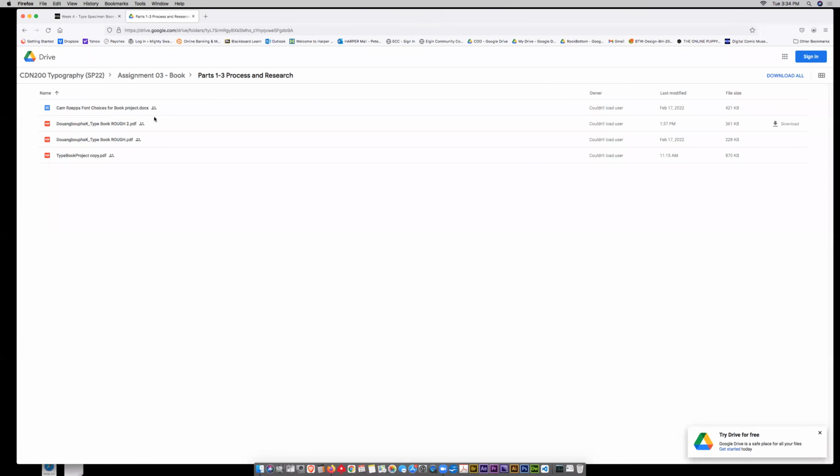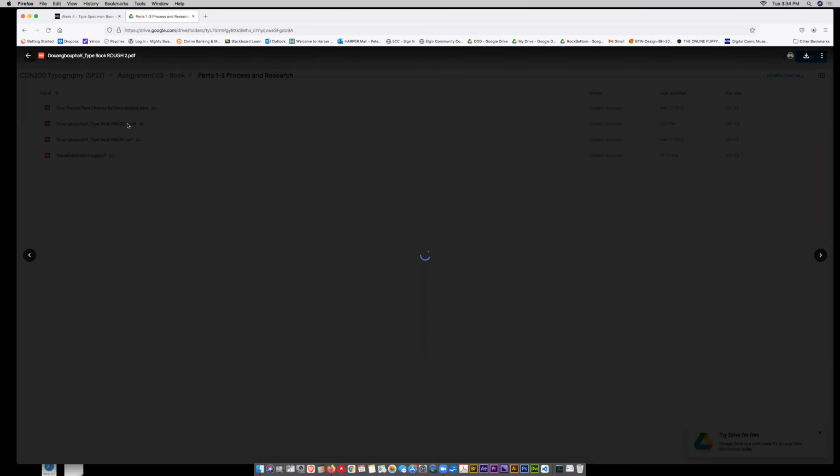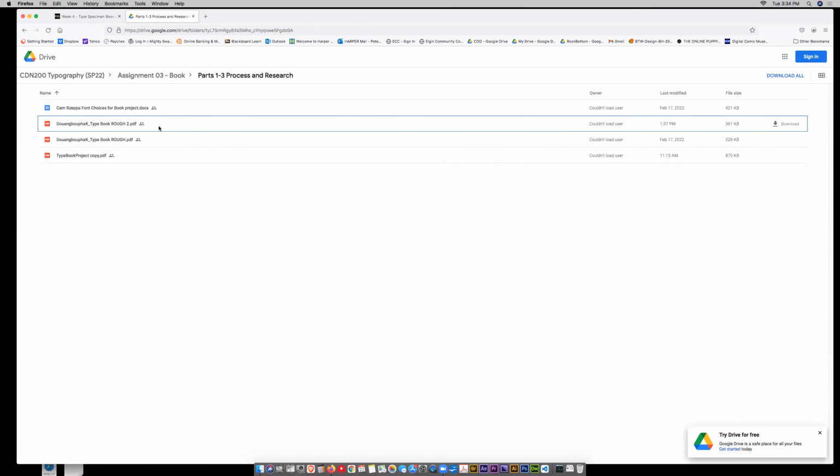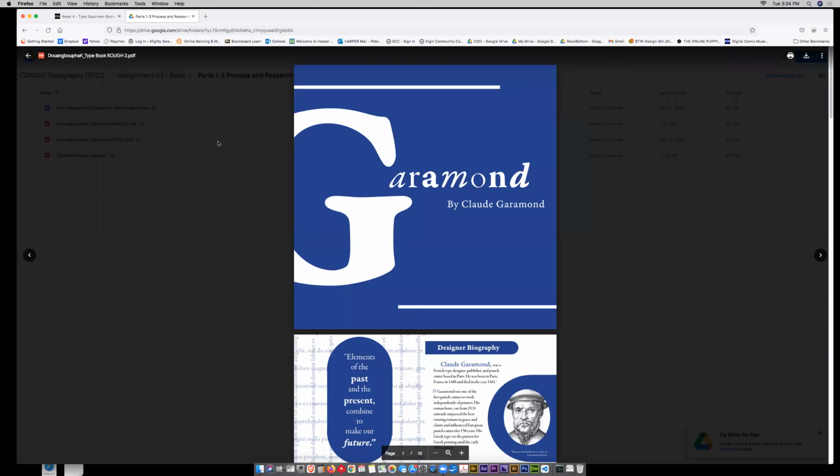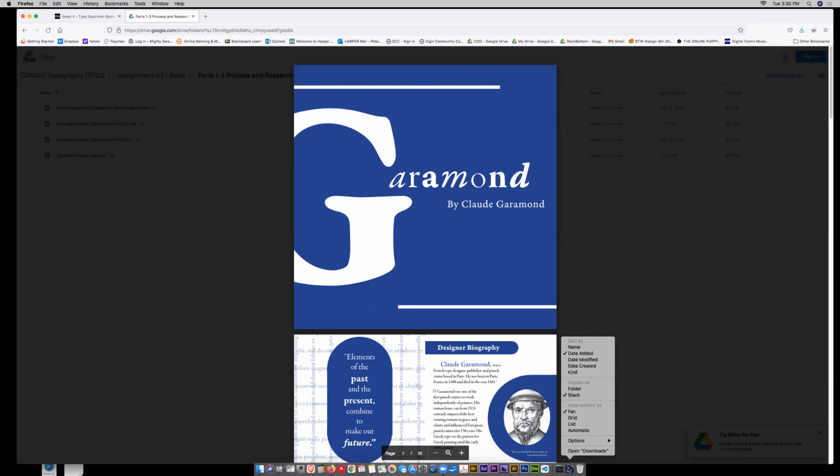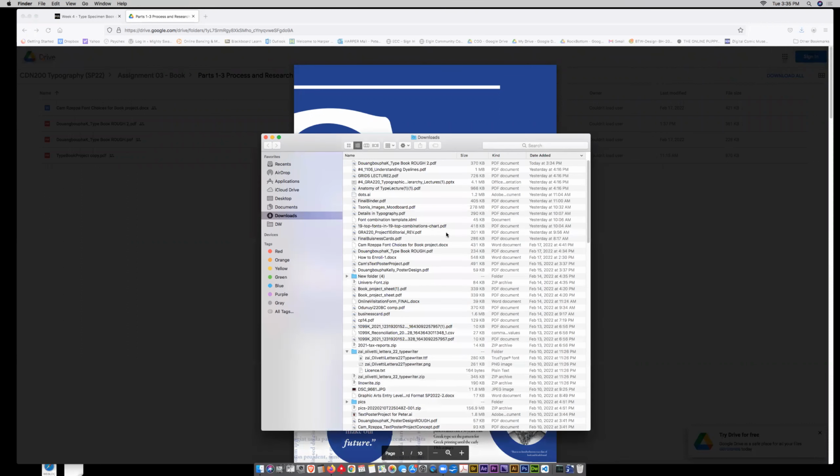Although actually, I think I am still going to download it because then I can view the pages side by side. Okay, let's try this again here. Oh, my control click's not working. Huh. Here, let's just try this. Let's see.